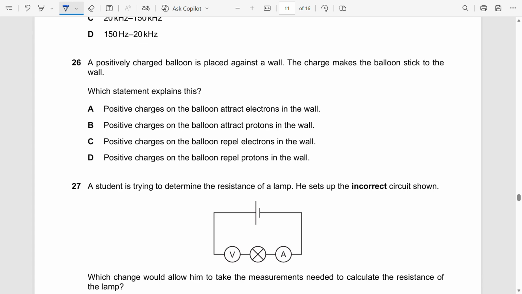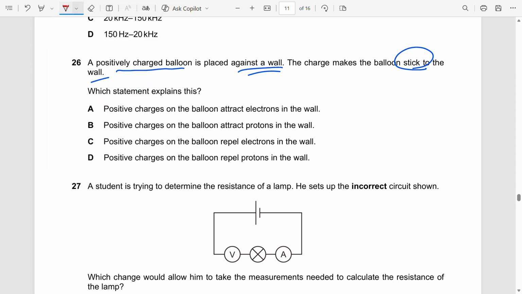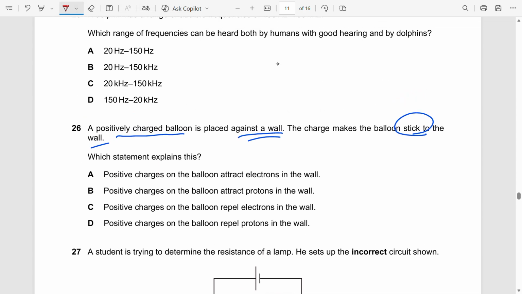Bismillahirrahmanirrahim. Question number 26. Let's read it together. A positively charged balloon is placed against a wall. The charge makes the balloon stick to the wall. First of all, keep one thing clear in your mind: how charges will stick with respect to each other.